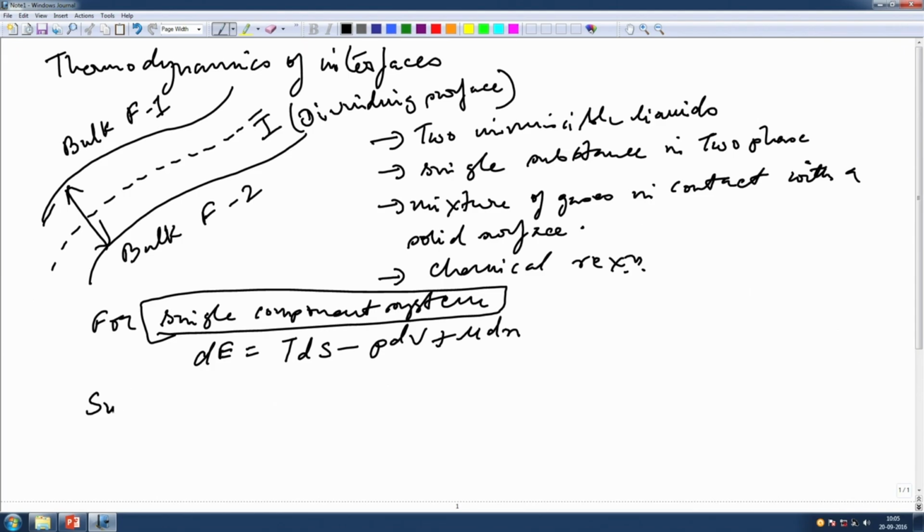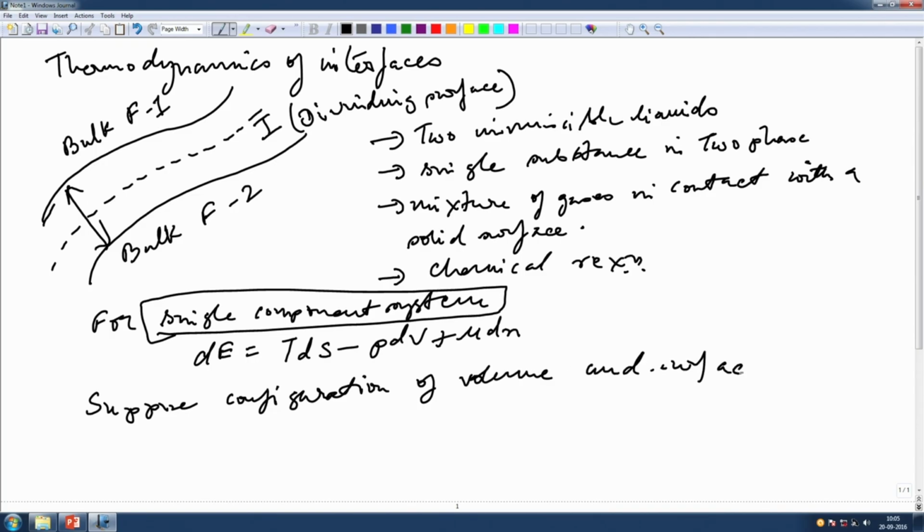So, let us put that assumption in. If the volume is fixed, this term basically goes to 0.